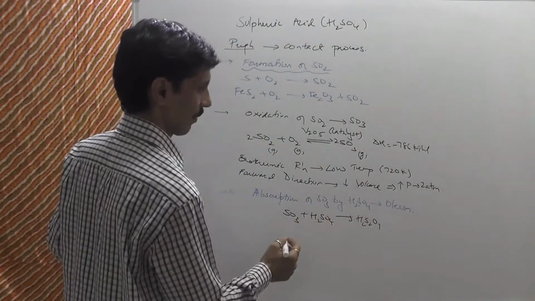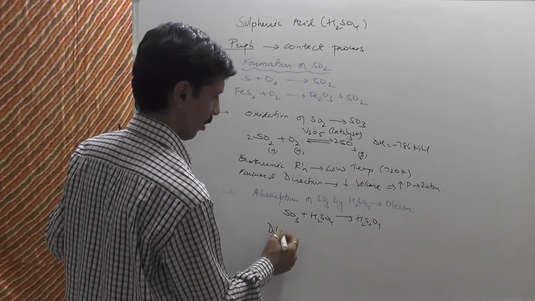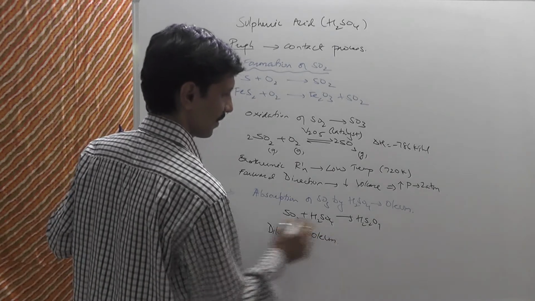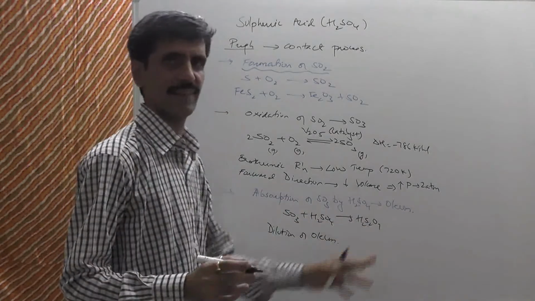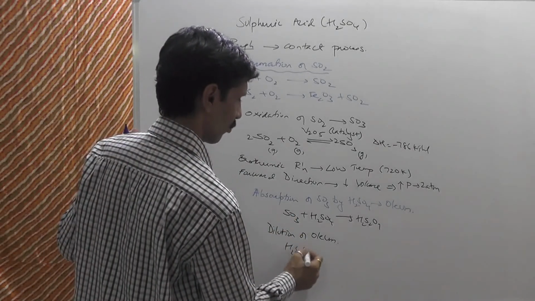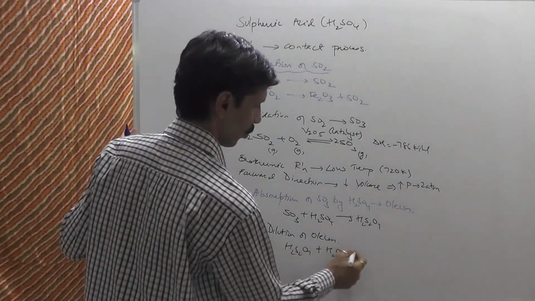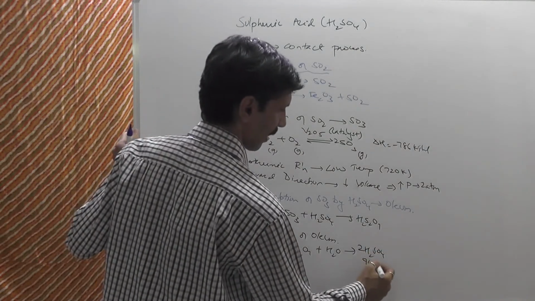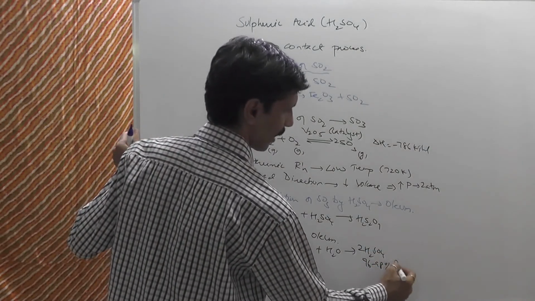Okay, this is what oleum is, and then we say dilution of oleum. We have discussed this under oxoacids of sulfur as well. So dilution of oleum करेंगे, so you get H2S2O7 plus H2O, and it gives you 2H2SO4. और इसका जो purity level है, that is 96 to 98% pure.